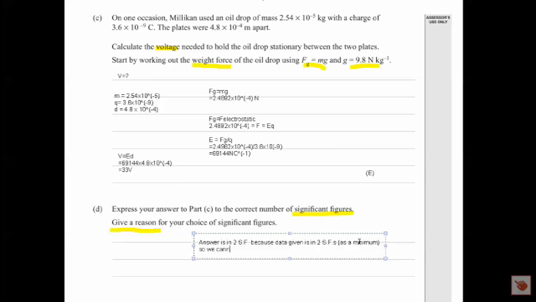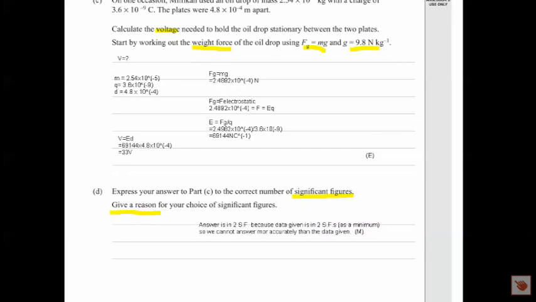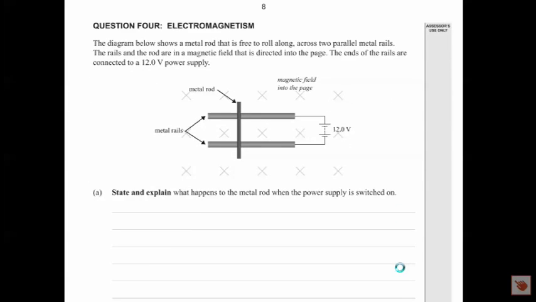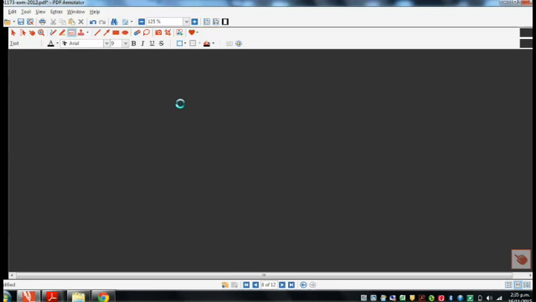So we cannot answer more accurately than the data given. All right, that's worth merit right there. And that leaves us to take a look at question number 4.